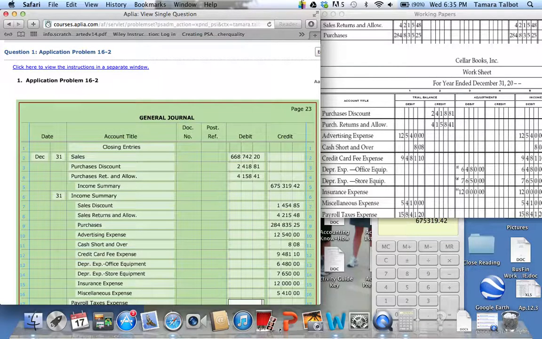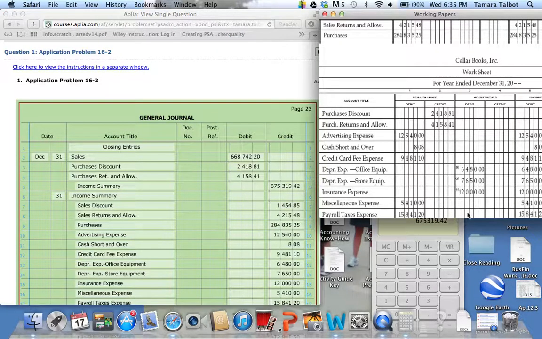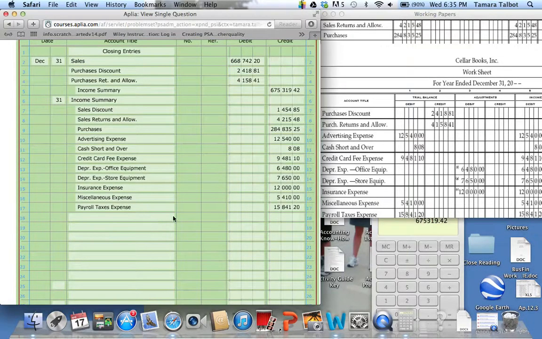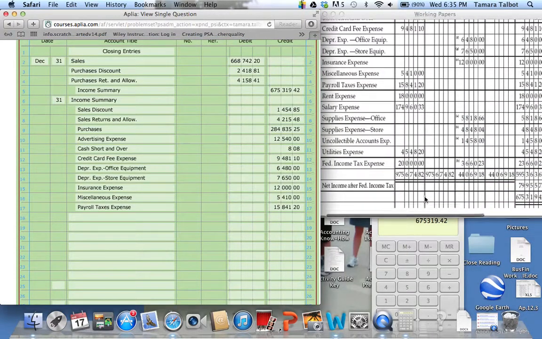payroll taxes expense, I'm just getting them from over here. And down some more.